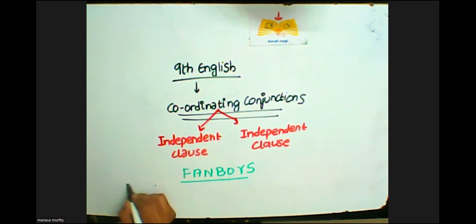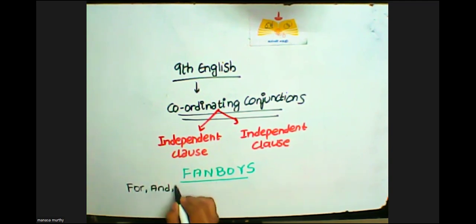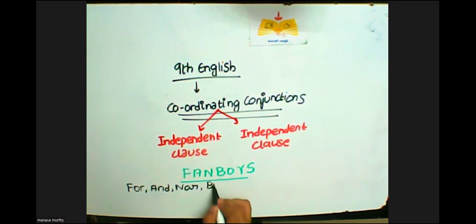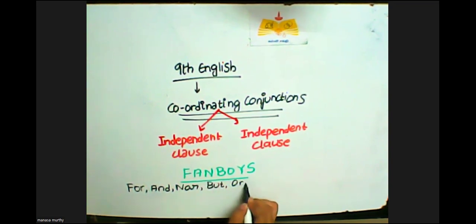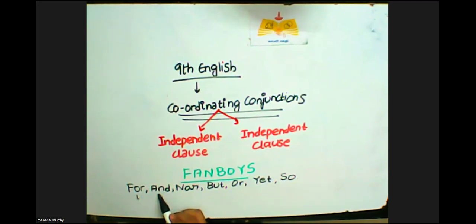Correct? For, and, nor, but, or, yet, so. You are giving out the reason, not only one thing, but also another one. Not only this, but another one also, in a negative manner.